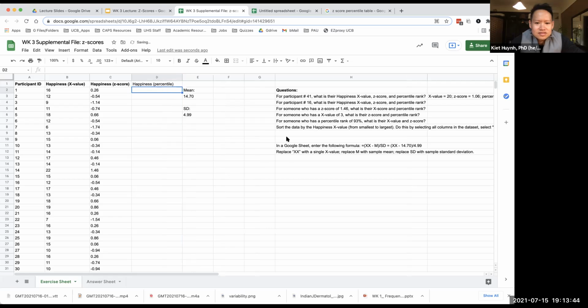How to compute Z-score directions. Okay, now we need directions to compute percentile.